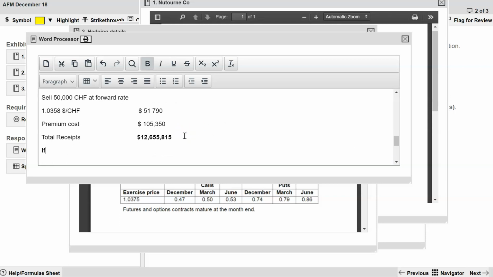So what if we do not exercise the option? So let's solve if we do not exercise the option.